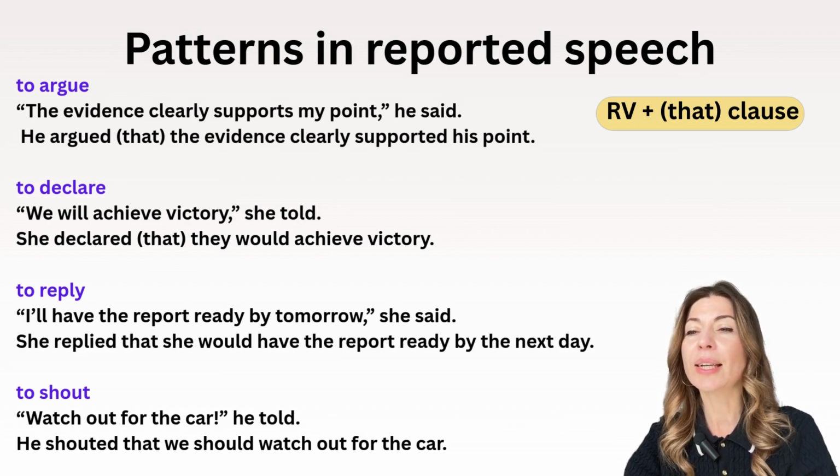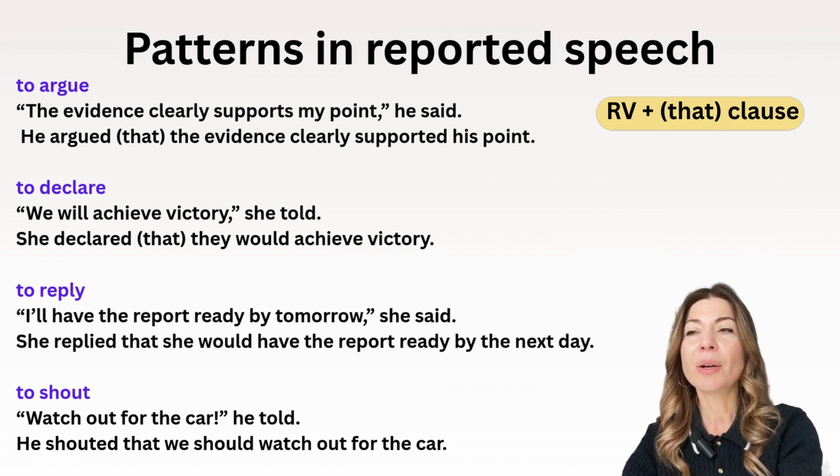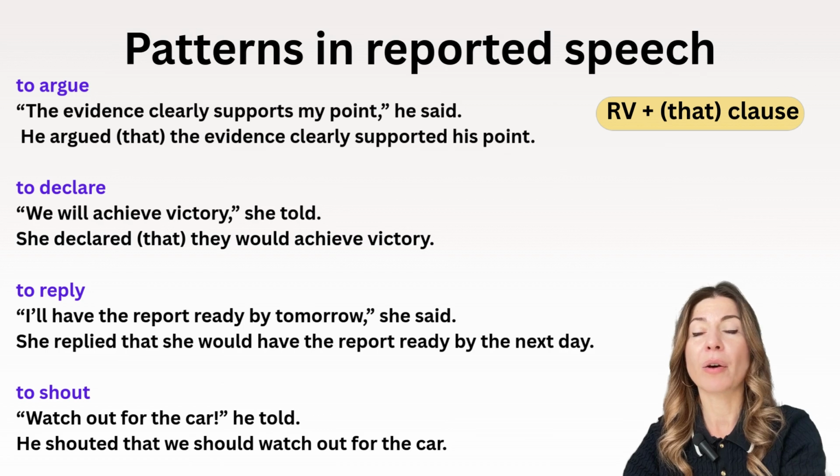And here you can see that I'm not using parentheses for that word, because we cannot omit it here. It's not recommended. And to shout: Watch out for the car, he said. He shouted that we should watch out for the car. So these are some examples from the list which I presented.